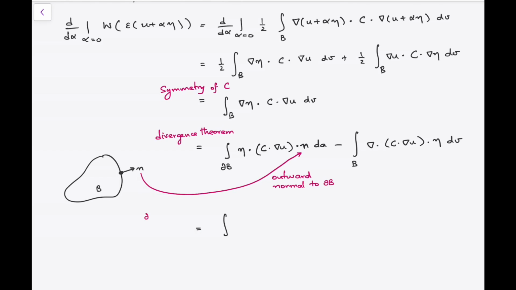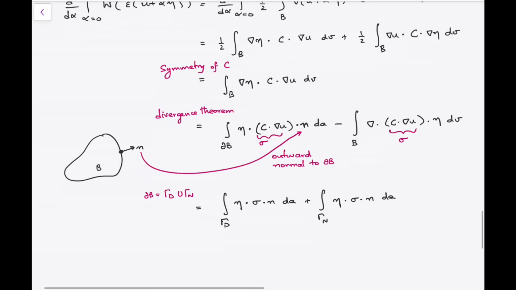Now you can use the identity that the boundary is a union of the Dirichlet and Neumann boundaries to write this expression as the sum of two terms. And while I'm on it, I'll also use the fact that C dot delta u is sigma, the stress tensor.